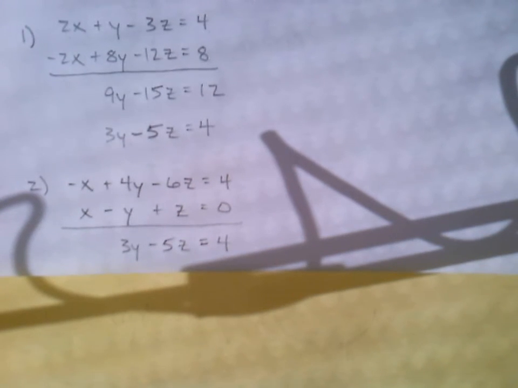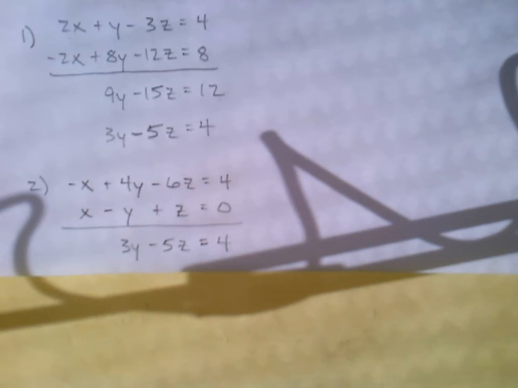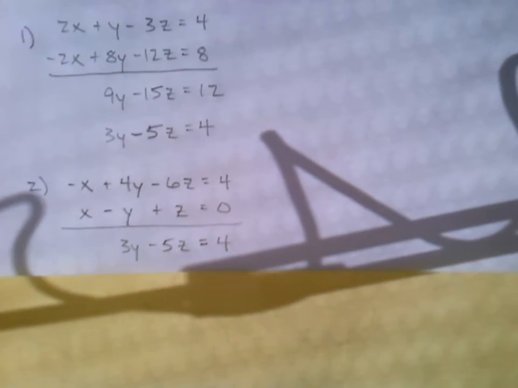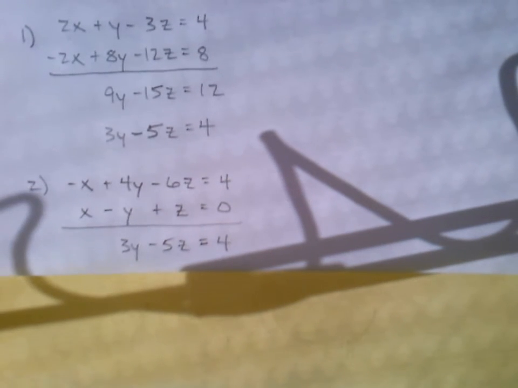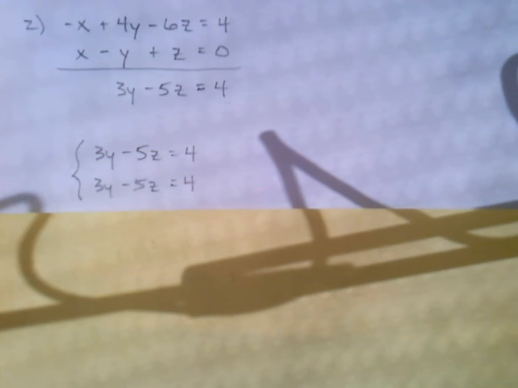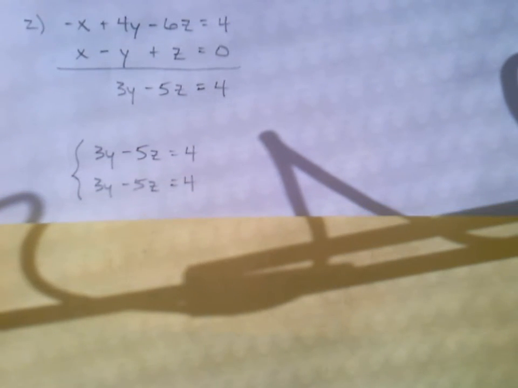Okay. So we eliminated x twice. So we've got these. Do you notice anything about our two equations? And we could never have seen this coming. They're the same equation. We could not have realized that any sooner.